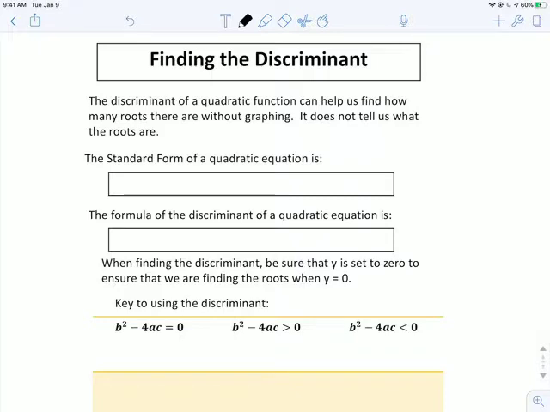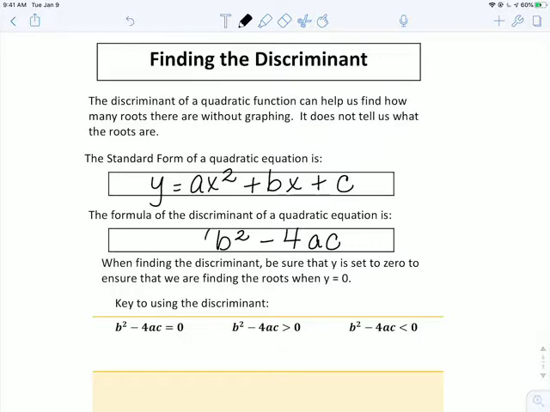Okay, so the standard form of a quadratic equation we know is, and I'll put y equals ax squared plus bx plus c. And the formula for the discriminant, like I said, you'll recognize is b squared minus 4ac.